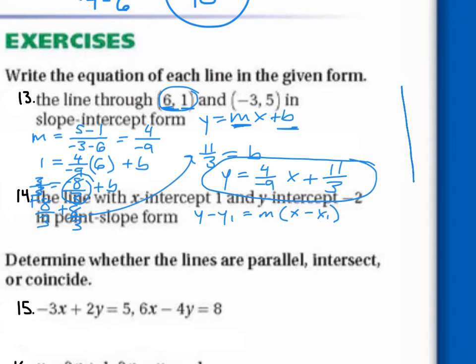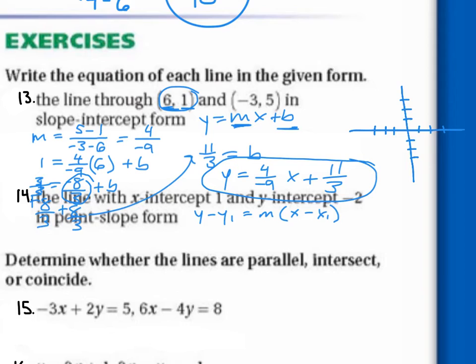What does it mean to be an x-intercept? What does it mean to be a y-intercept? The y-intercept's negative 2, so how's the graph going to represent that?